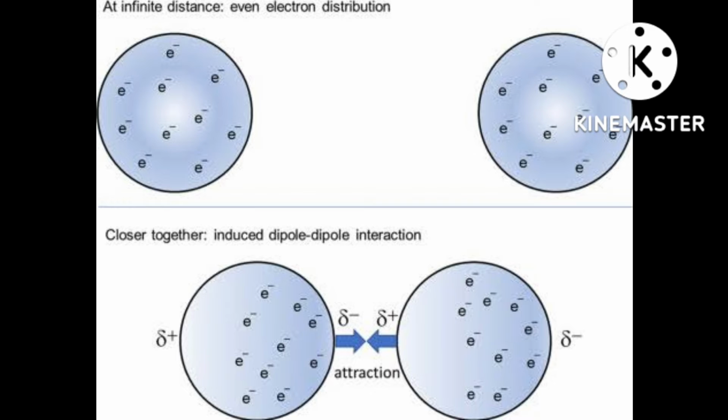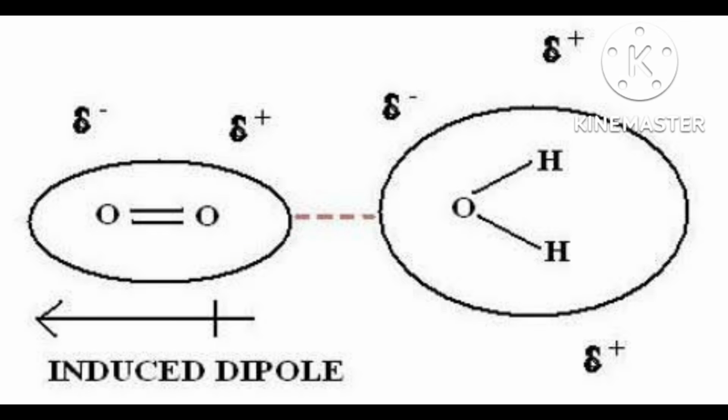Dipole-dipole interaction energy between the stationary polar molecules is proportional to 1 upon R³, R power 3, and that between rotating polar molecules it is proportional to 1 upon R⁶, where R is the distance between polar molecules.